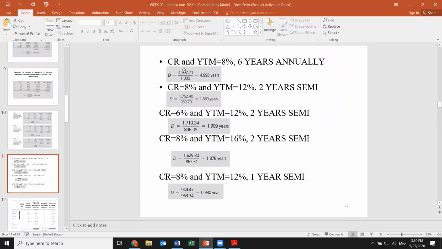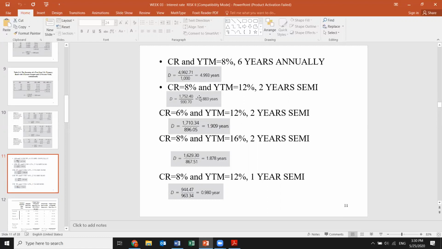So this is the summary. If the coupon rate is 8% and the YTM is 8%, for 6 years annually, the duration is 4.93. But with the same coupon rate, a higher YTM and less maturity, so we increase the YTM and reduce the number of years but keep the coupon rate the same, our duration was reduced by about three times.